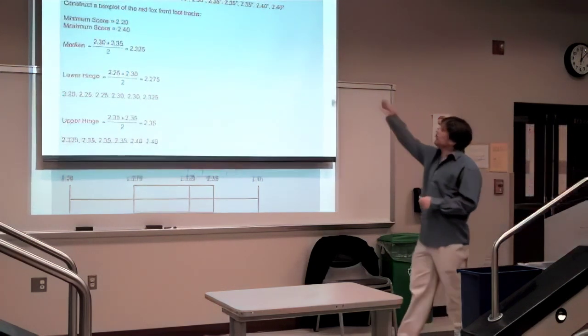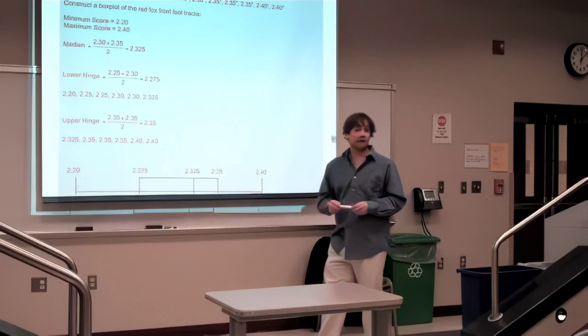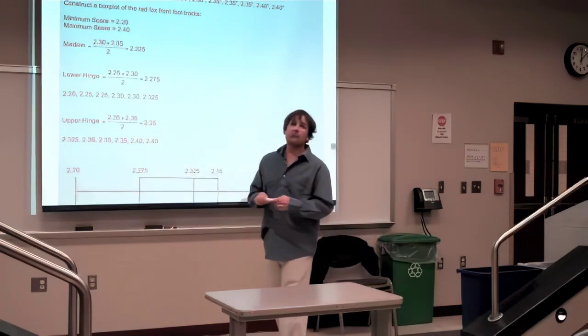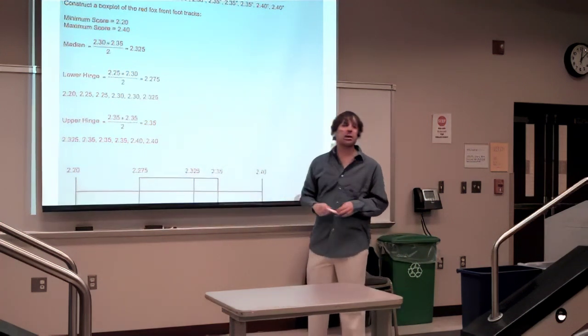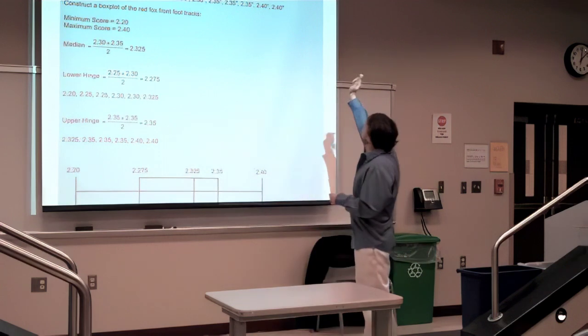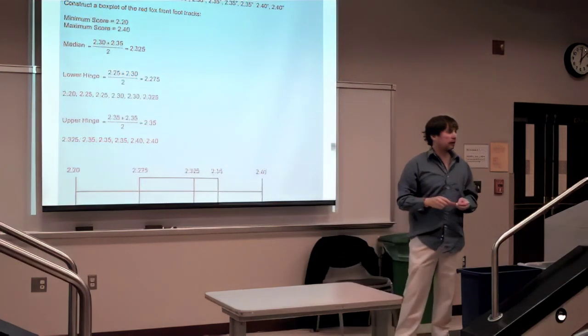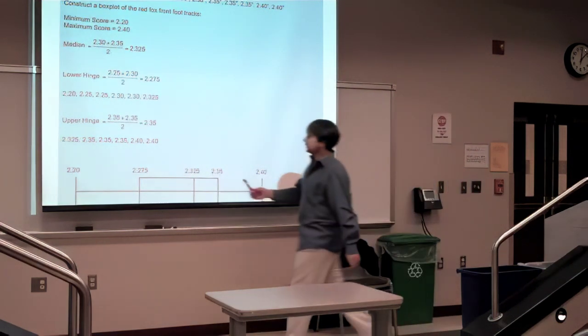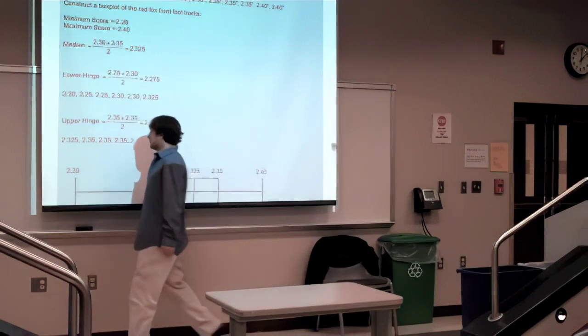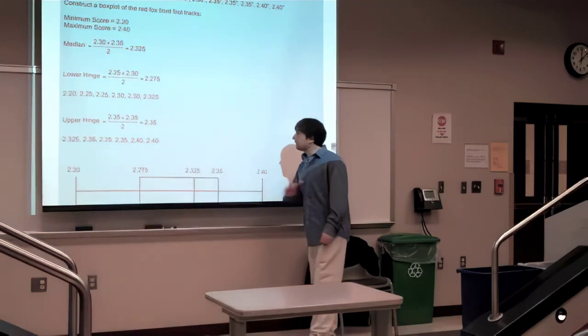Okay, so now we have the measurements from the front foot length. The minimum value is 2.2. The maximum value is 2.4. So I put 2.2 as my minimum, 2.4 is my maximum.